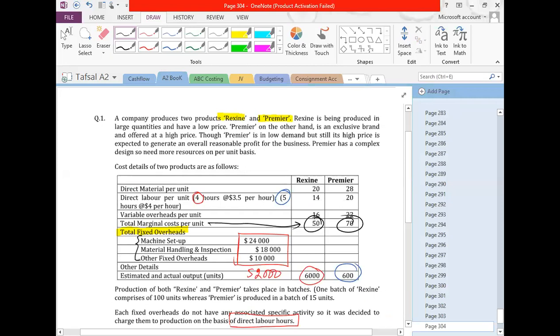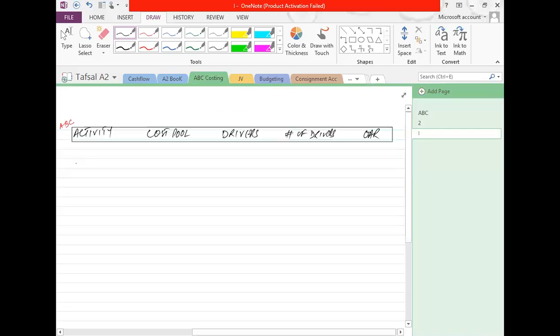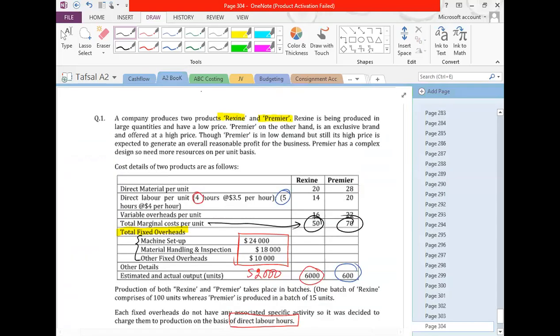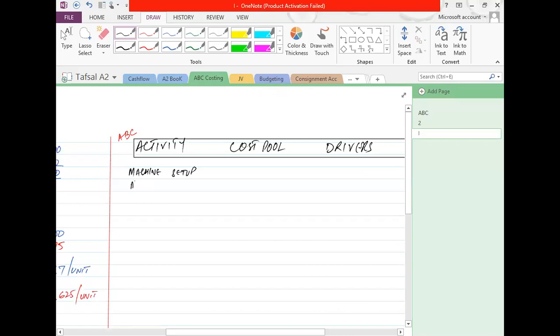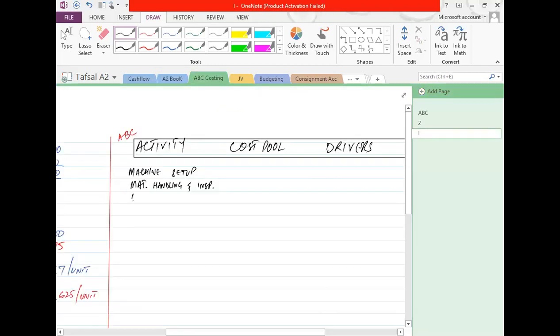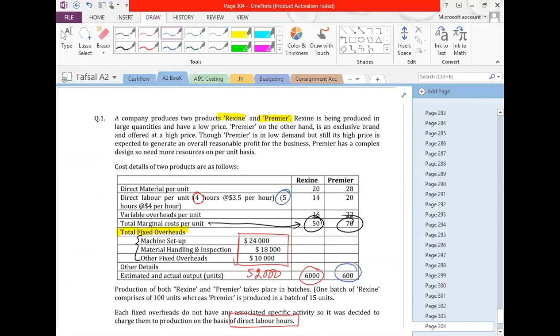These are the 3 names: machine setup, material handling and inspection, other fixed overhead. The amount 24, 18, 10.